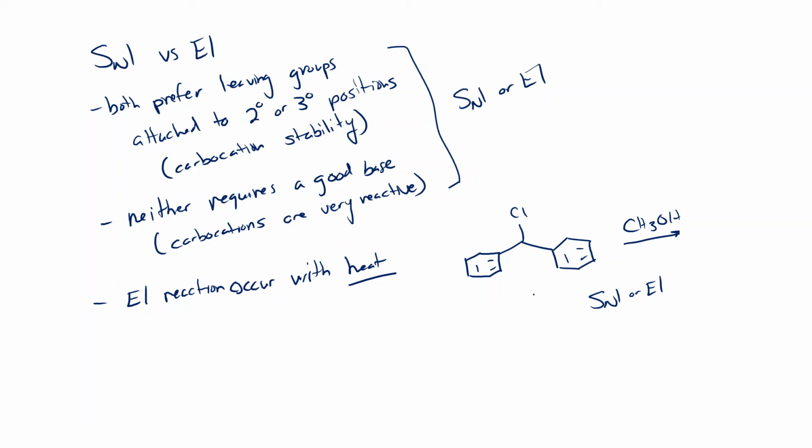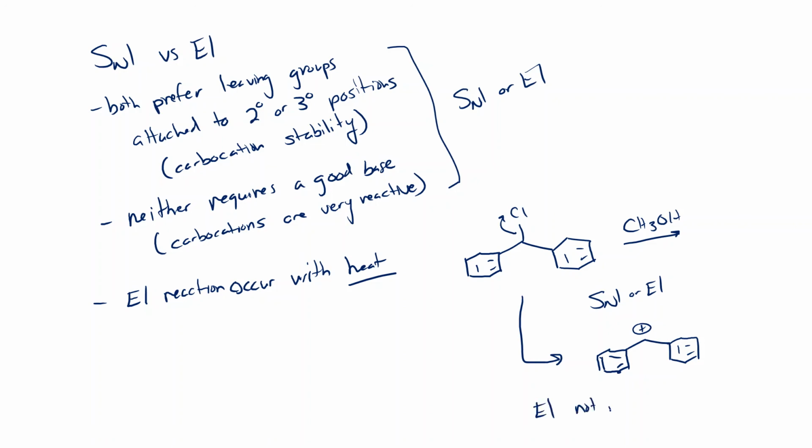Right? When we draw this out, in this case, when we make the carbocation, our chlorine leaves, and we get this carbocation. Now, we cannot do an E1 elimination.